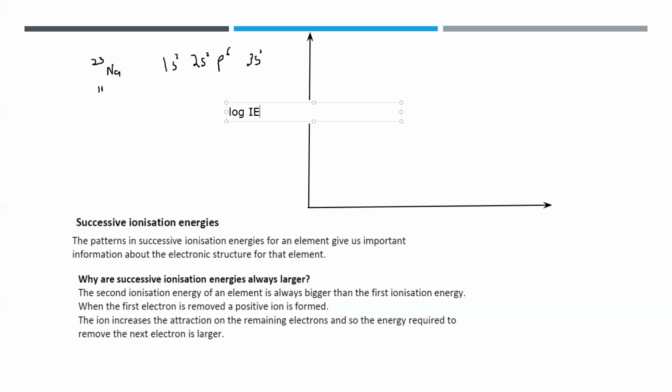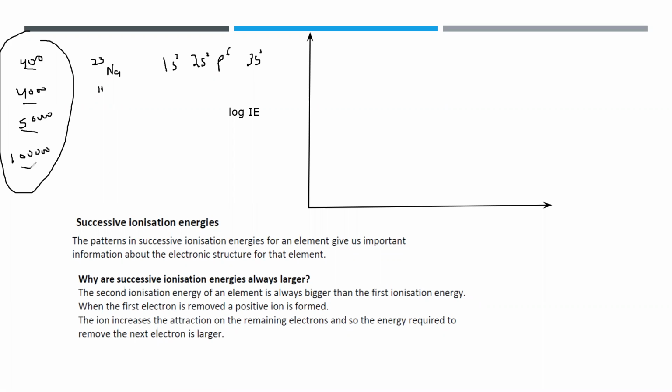Because when the values have too much variation, for example one value is 400, another is 4000, another is 50,000, another is 100,000, I cannot plot a graph using these values as I cannot fit 400 and 100,000 on the same scale. That's why, when the values have a greater variation, we normally take a log and then plot the results.